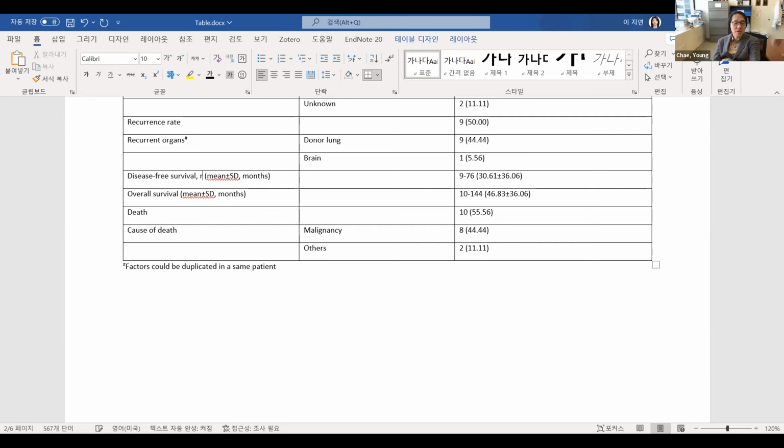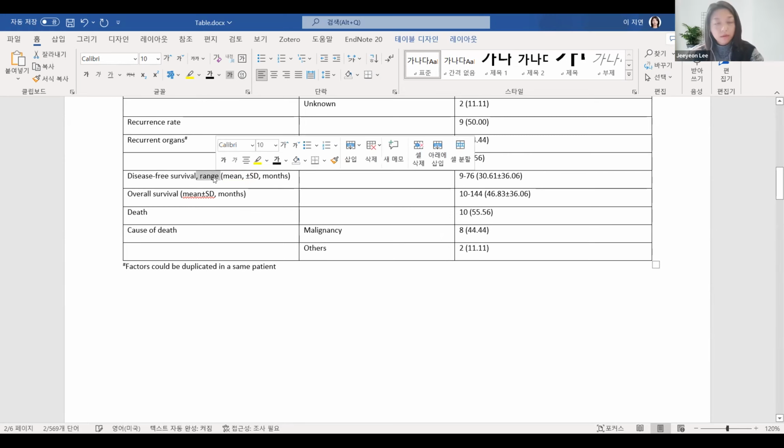So usually I would say mean, comma, standard deviation, comma, and in the parentheses the range.